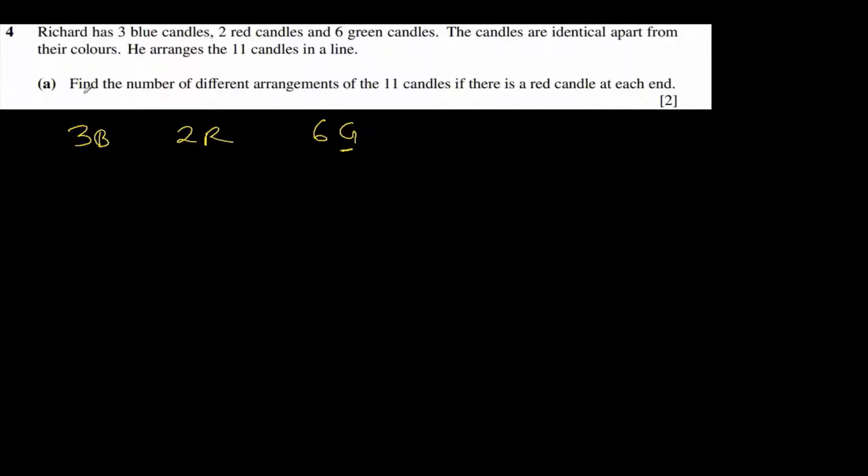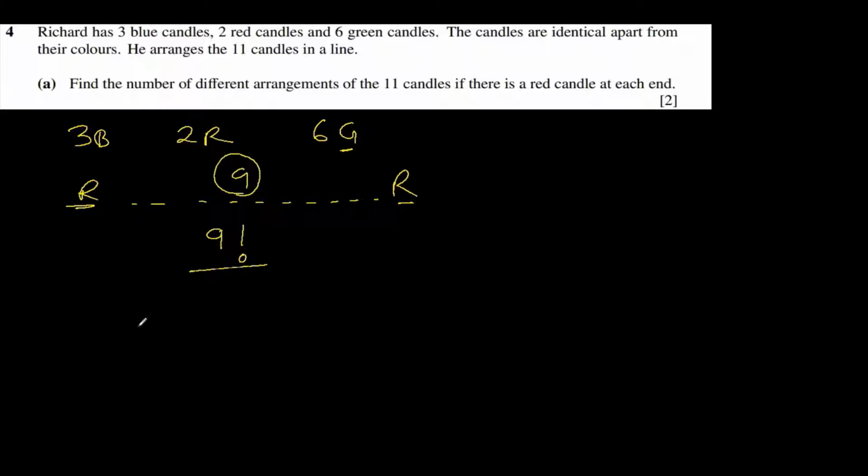All right. Part A says, find the number of different arrangements of 11 candles if there is a red candle at each end. So red here, total there are 11. That means there are 9 in between, right? So we don't have to bother about red anymore. They are fixed, right? So these 9 are the ones who are to be arranged. So if there are 9 places and 9 candles, they will be done in 9P9 or 9 factorial.